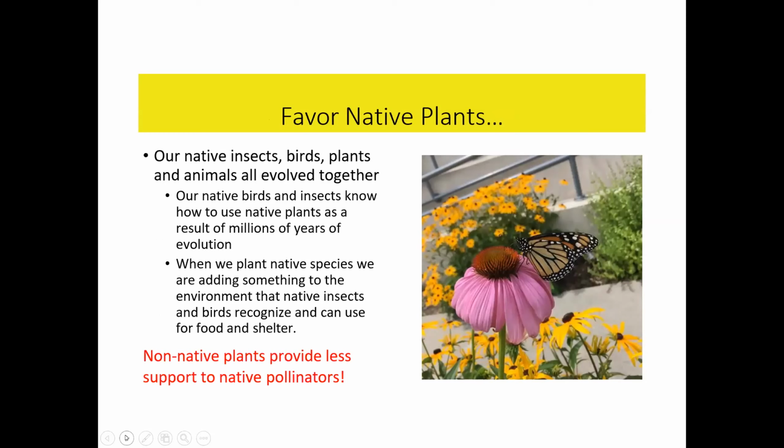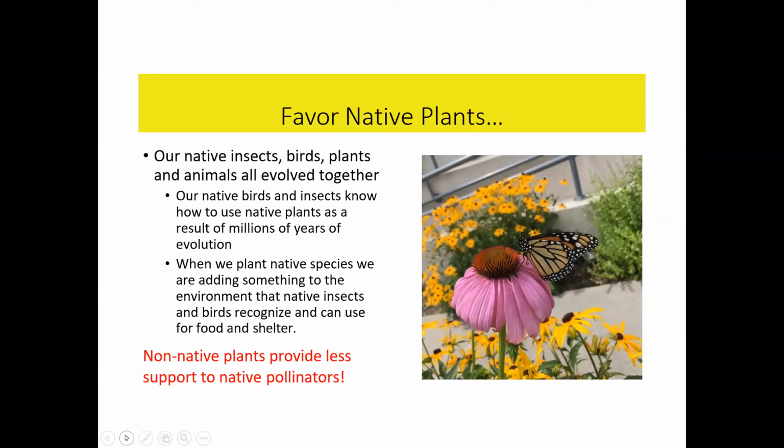As you favor native plants, we encourage you to do this because our native insects, birds, and plants have all evolved together. And over millions of years of evolution, interactions have taken place where these plants and animals know how to use each other. So when you plant a native species, you're adding something that contributes to the ecosystem.